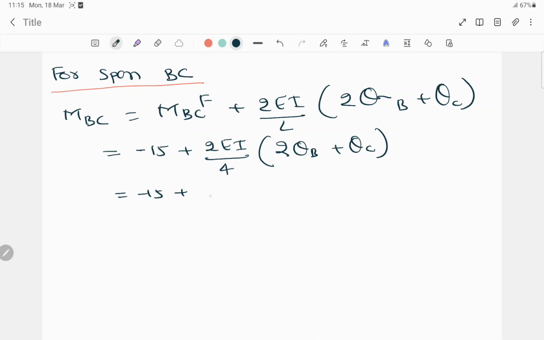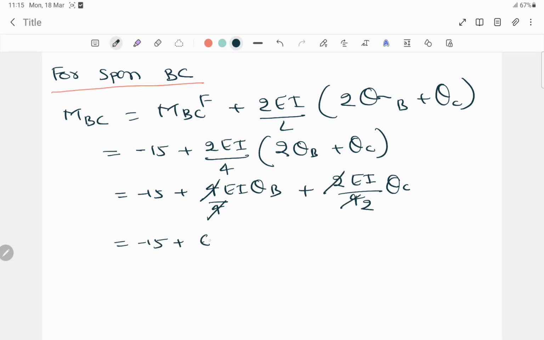If we multiply, we get 4EI theta B by 4 plus 2EI by 4 theta C. So our equation becomes minus 15 plus EI theta B plus half EI theta C, M_BC. Let it be equation number 3.